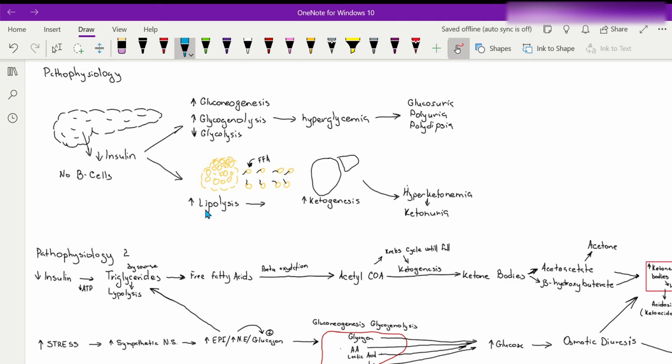So also decreased insulin will lead to lipolysis, which is the breakdown of triglycerides into fatty acids.